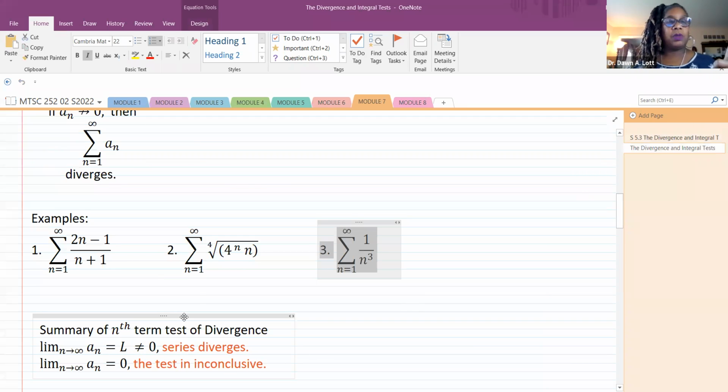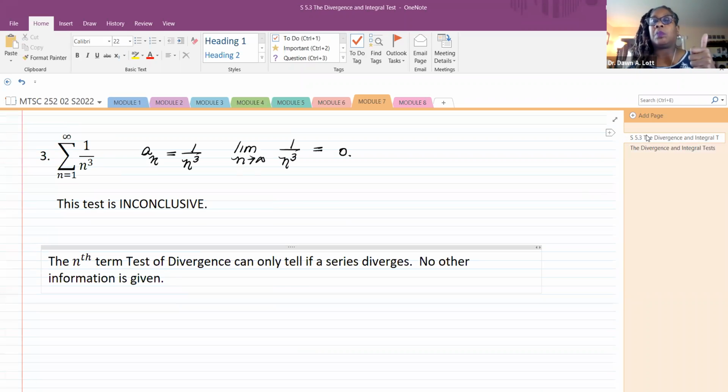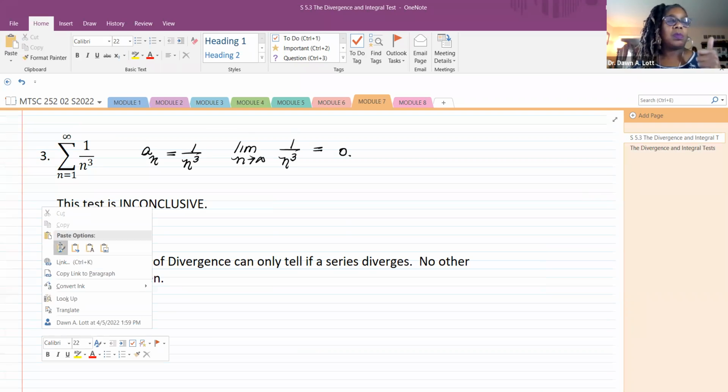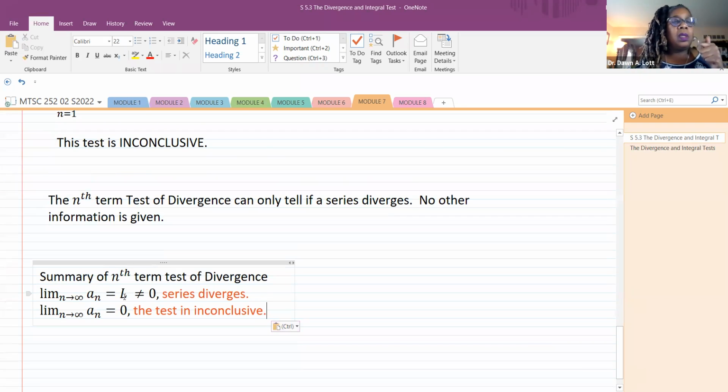So here's the summary. If a_n goes to a number that is not equal to 0, we know the series diverges. If a_n goes to 0, the test is inconclusive. Use another test.